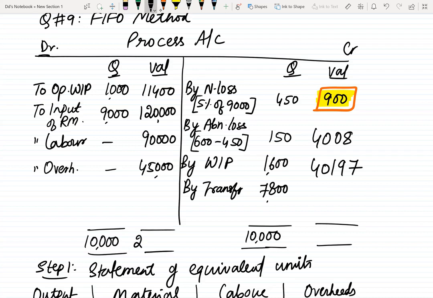This is 266,400. If you deduct 900, 4,008 and 40197, you will get 221295. But our answer is 221252. That means there is a difference of about 40 rupees.